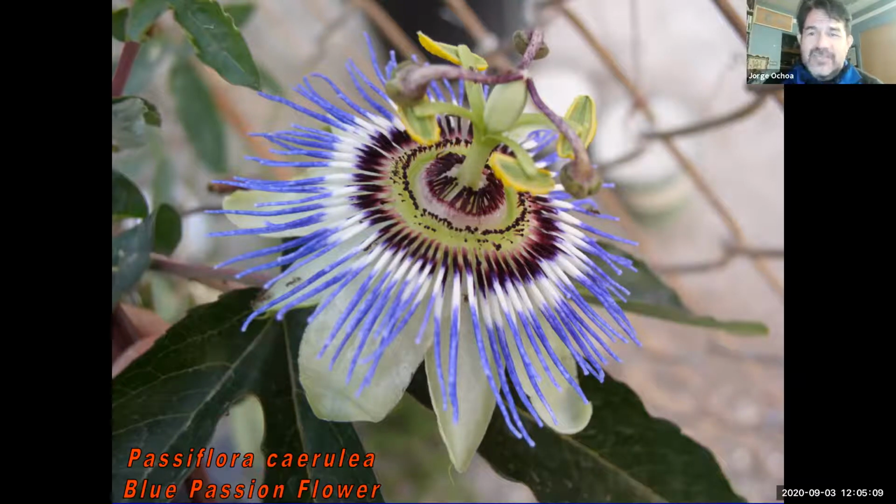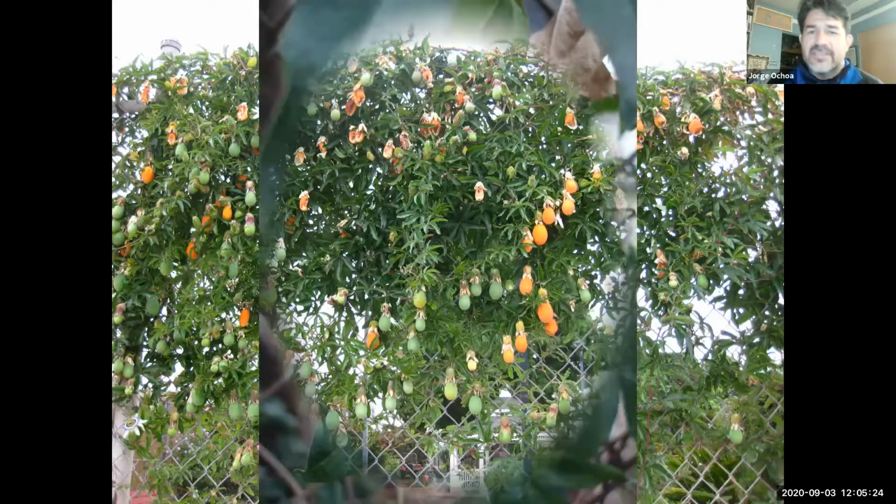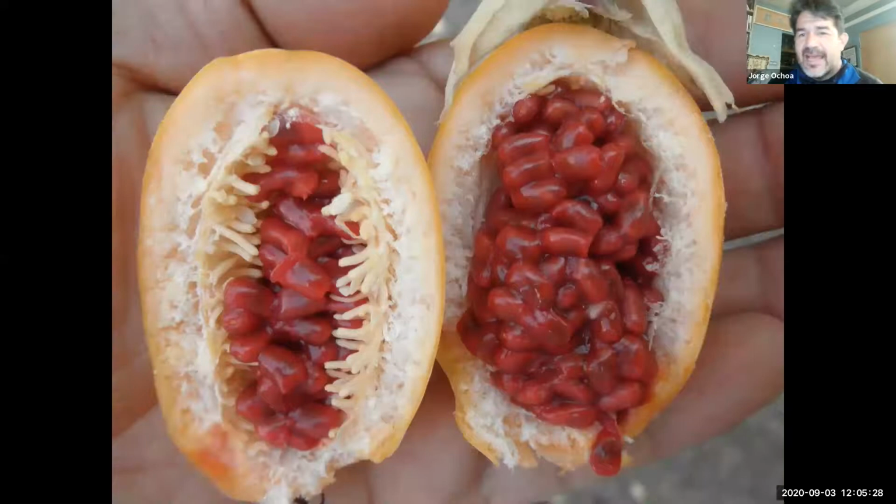And you want to know something? I was very happy with that plant. Then she pointed to the top of the fence, and on top of the fence there were some fruit. Orange colored fruit that when you open them, they have some seeds and some pulp.